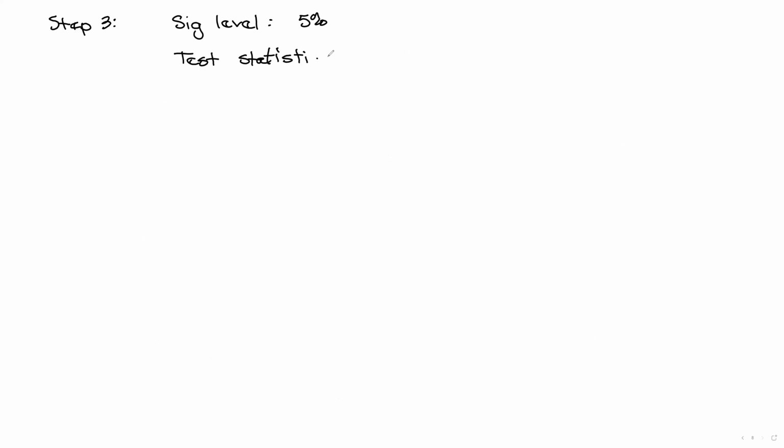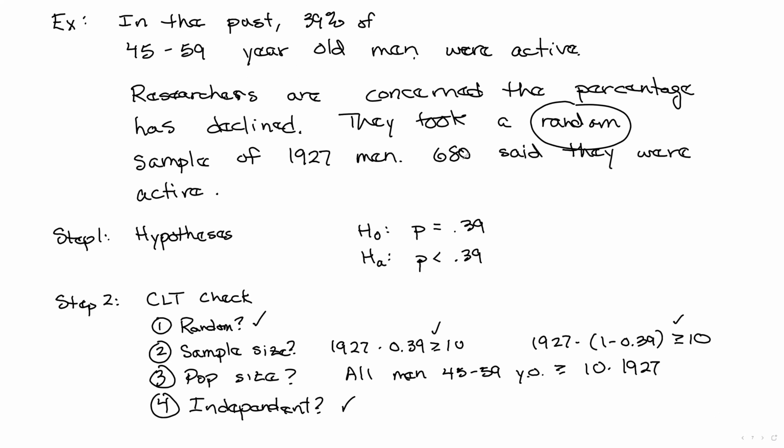So now we're finding the z-score for the sample. To do that, you first need to convert the sample to a proportion so that we can compare it with our 39%, or 0.39. To do that, you take 680 divided by 1927.